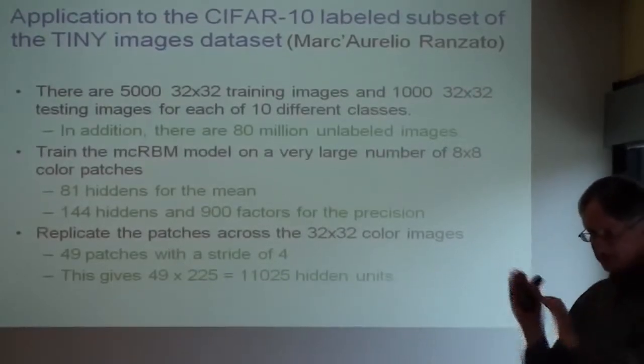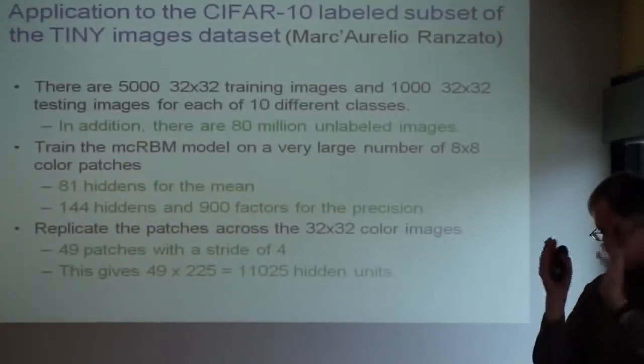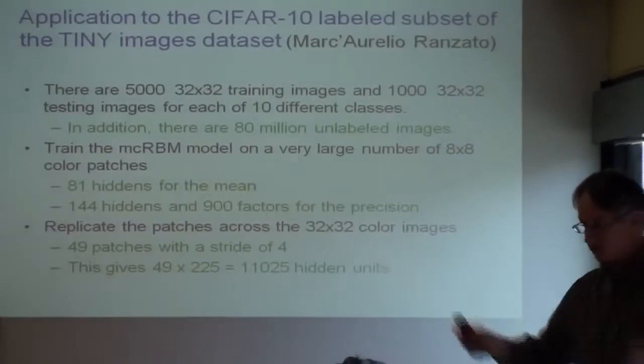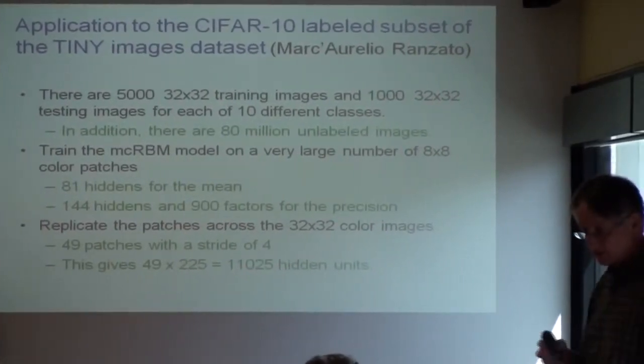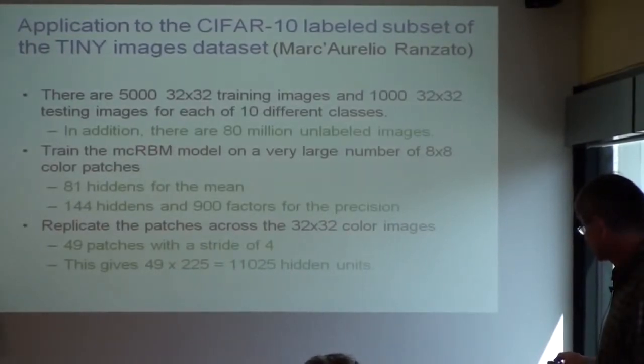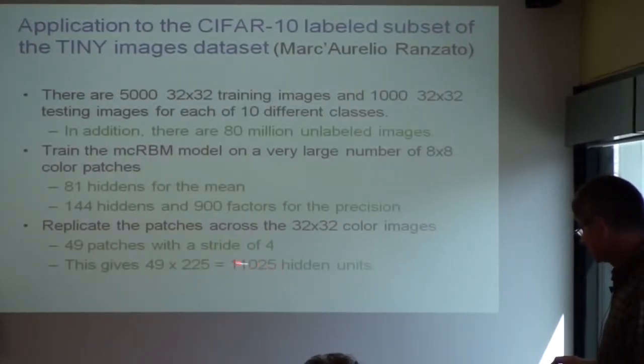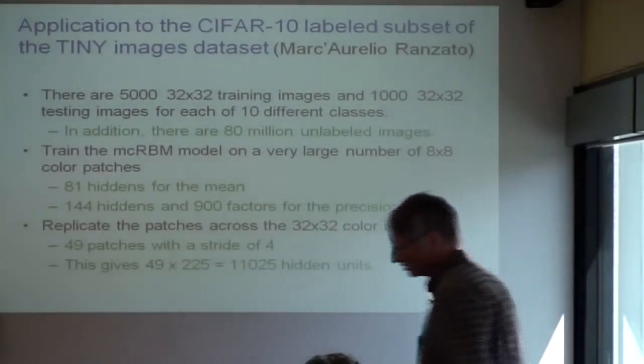So it's sort of semi-convolutional. And then took the hidden units of all of these little patches and just concatenated them to make a great big vector of 11,000 hidden units, which are both the means and the covariances. And then we're going to use that as our features and see how well we can do.